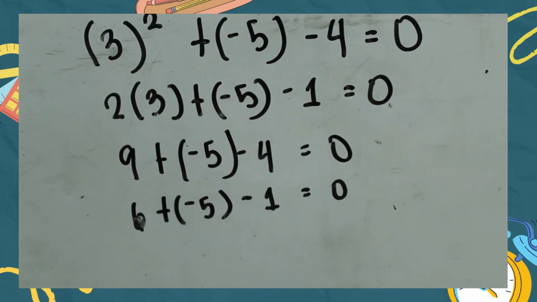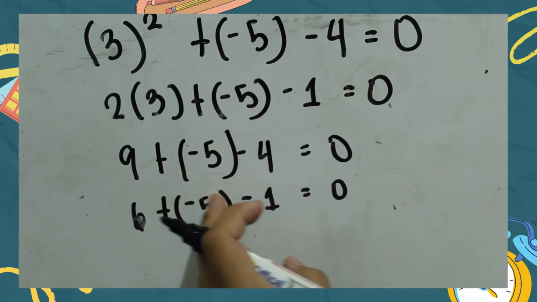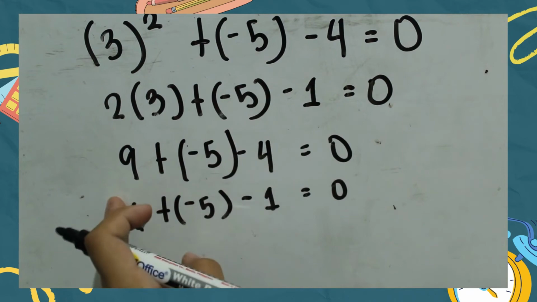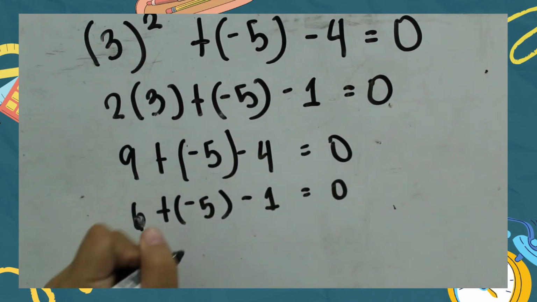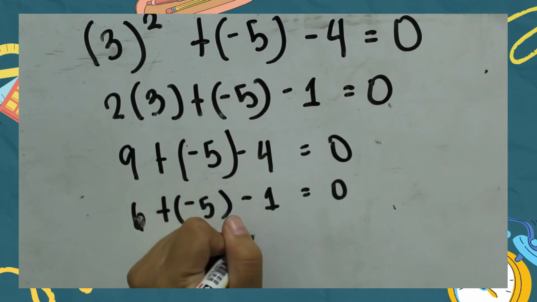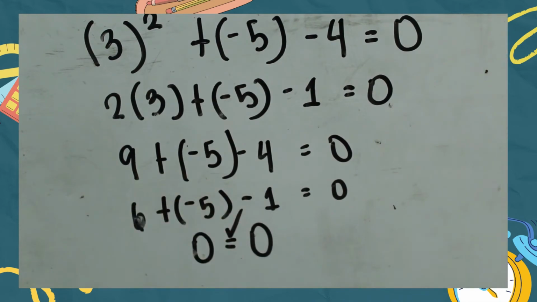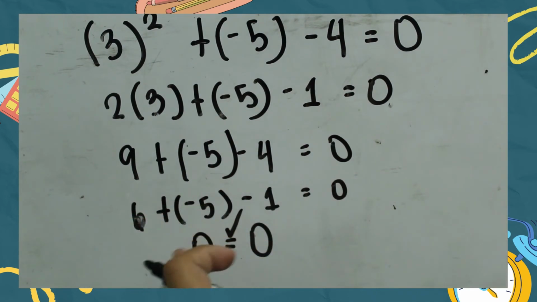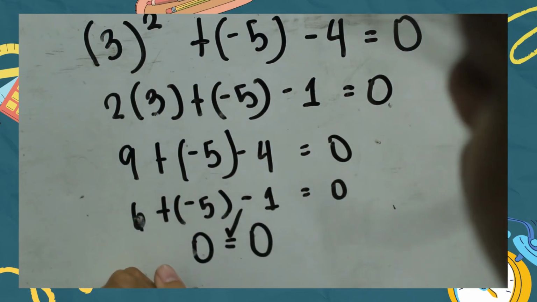So that will be 9 plus, this will be negative 4, so negative 9. So 9 plus negative 9 will be 0. So it's true. And here 6 plus, this will be negative 1, so 6 plus negative 6 will be 0.